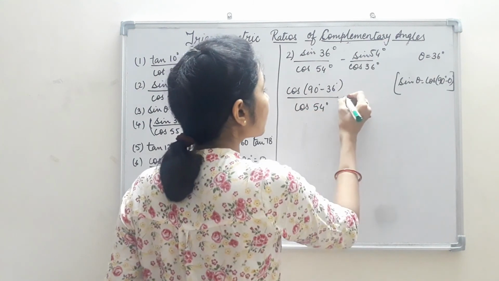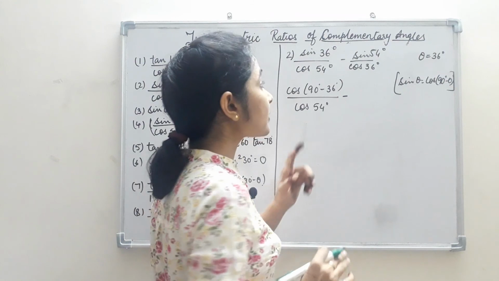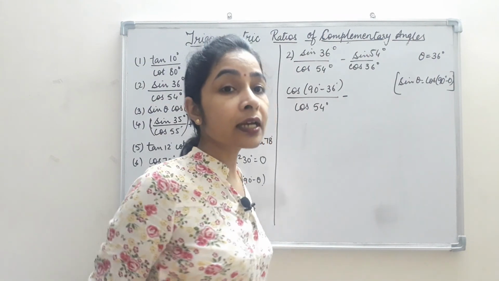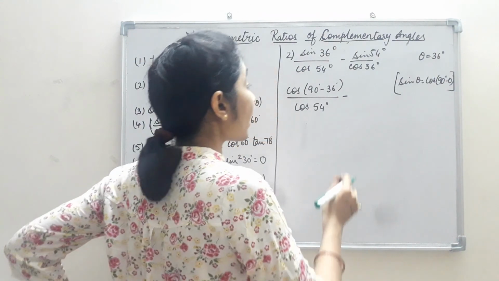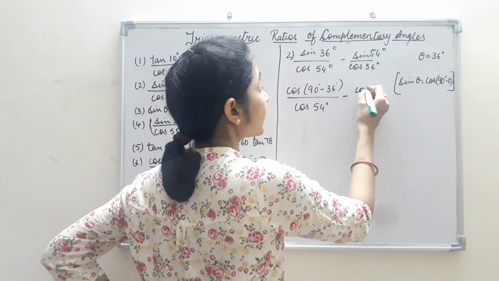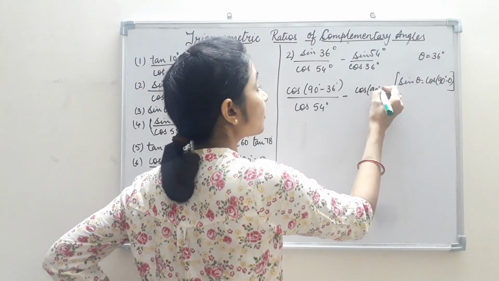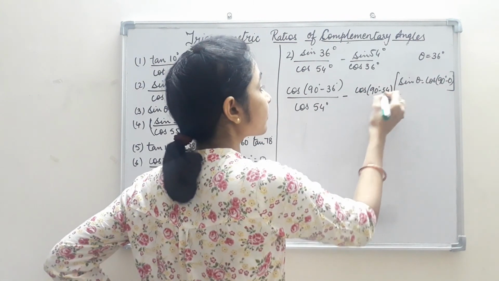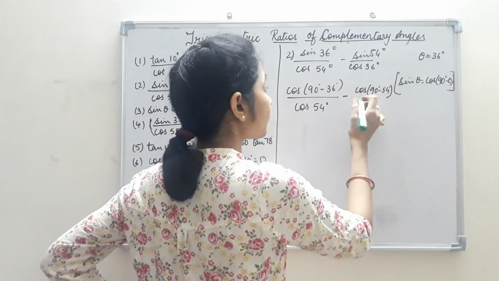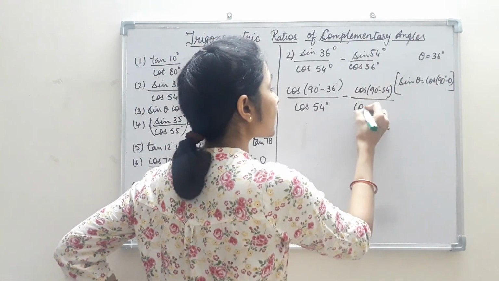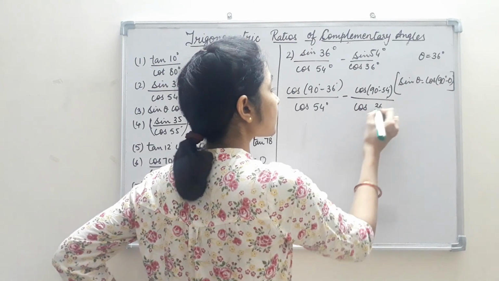Now here also, if I change sine, it is sine 54 degree, so theta is now 54 degree. I will change into cos 90 degree minus 54 degree, and the denominator remains as it is, cos 36 degree.